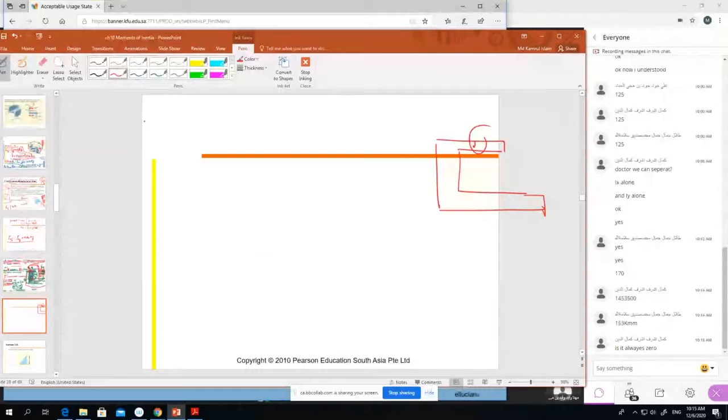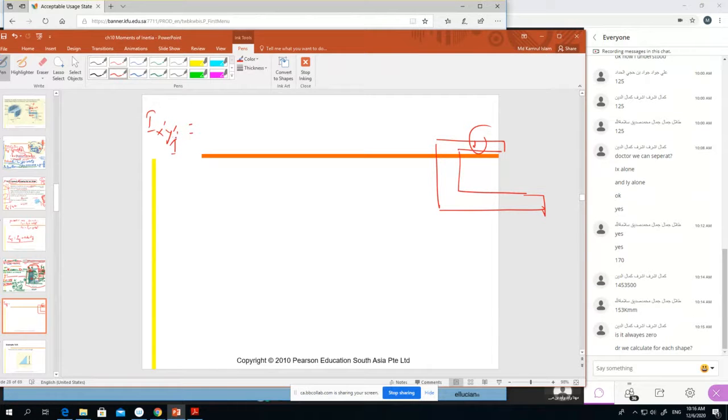So for this one, we calculated Ix and I prime. Suppose this is section 1. For section 1, we can calculate for each shape. You calculate and show me in the next class. So 0 plus 90 into 10 into dx, you have calculated, and dy, and then you will get some result.